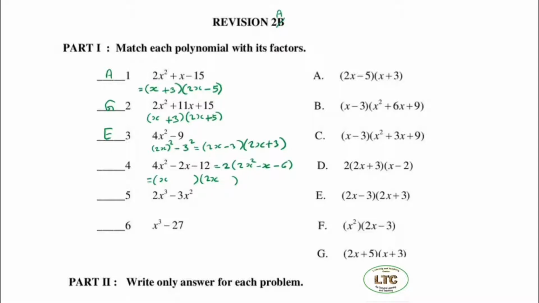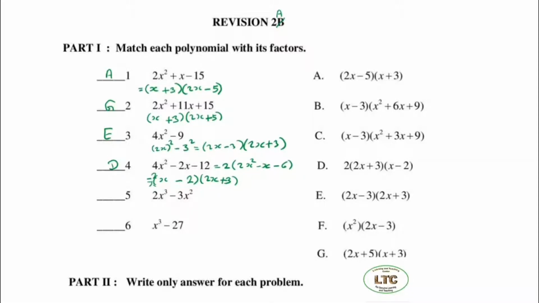What do you get? You want x, the middle term x. 2 times 2 is 4, 3 times 1 is 3. Now you get 4x and 3x. We want negative x, therefore this must be negative, this must be positive. So if you multiply back, negative 4x plus 3x is negative x. Correct. 2 in front. So where is this? This one, D.